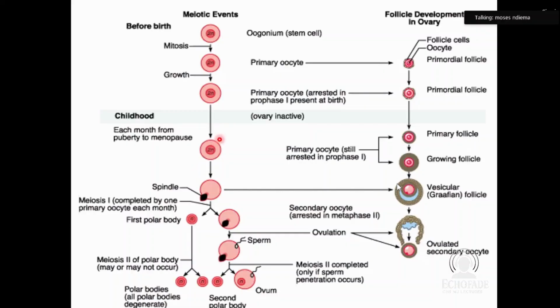At this stage, there's an arrest of further development of the oocyte. So the oocyte remains inactive up until puberty. That is when it develops. For the follicle, at the time of birth, we have a primordial follicle, but that primordial follicle contains a primary oocyte.